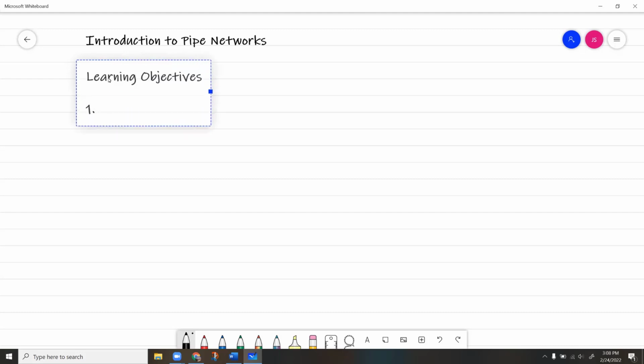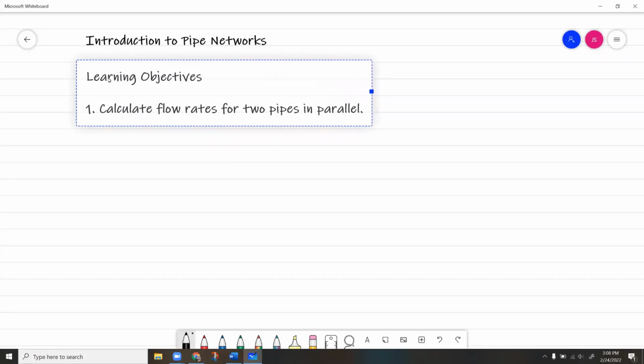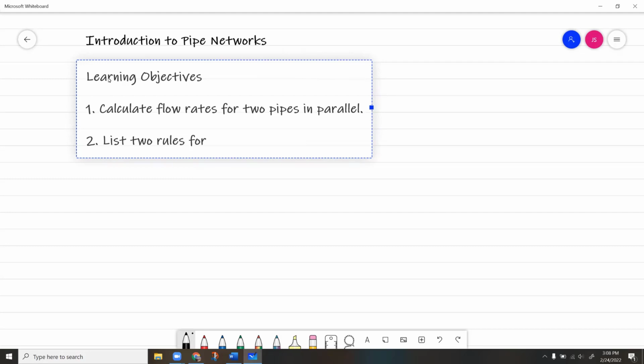One, we're going to calculate flow rates for two pipes in parallel. We are going to list two rules for solving pipe network problems.